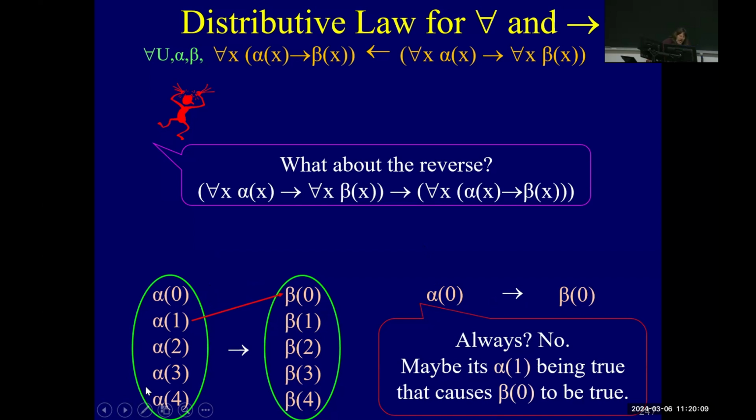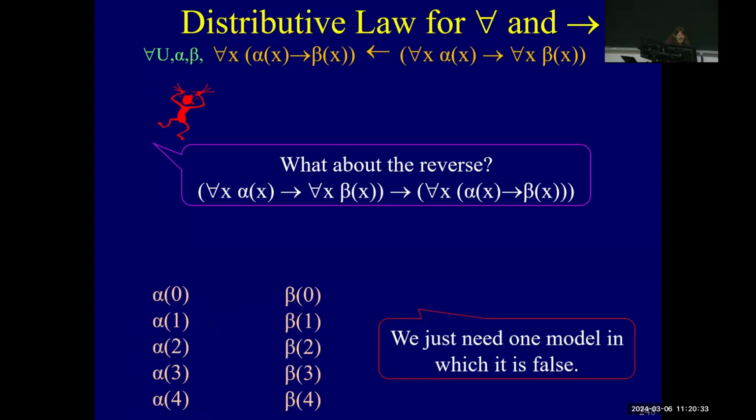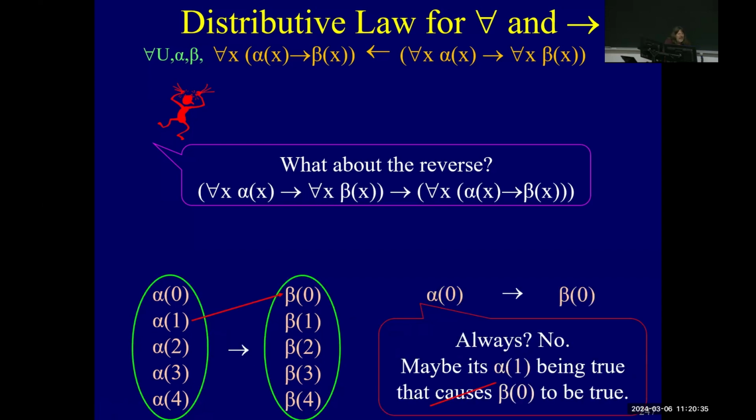here from this assumption, I get that beta 0 is true, right? But where did that causality come from? Well, maybe it was alpha 1 being true that made beta 0 true. Or maybe I need all of them to be true to get beta 0 to be true. But I'm sort of stuck: from knowing alpha is true, I don't know how to get that beta is true for 0.